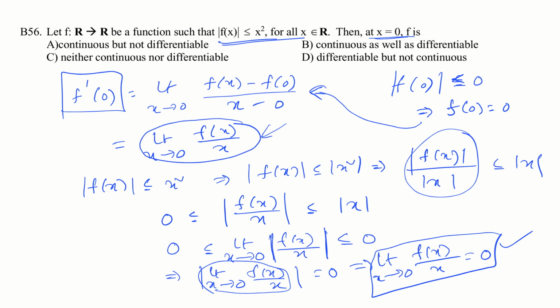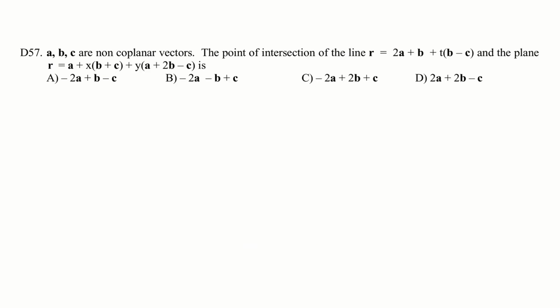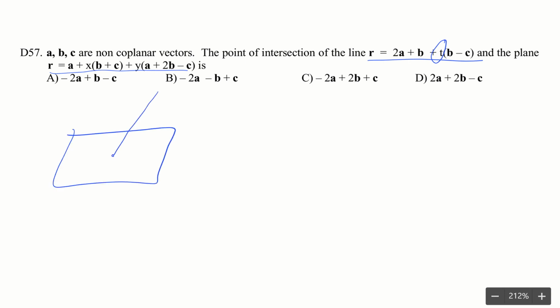Let's go to the next problem. In this problem, we have to find the point of intersection of this line with this plane. Okay, we know that for different values of t, it represents different points on this line. And over here, if you keep on giving different values to x and y, you keep on getting different points on the plane.